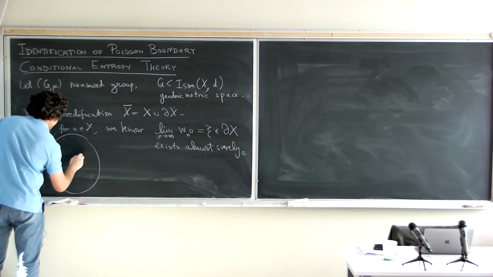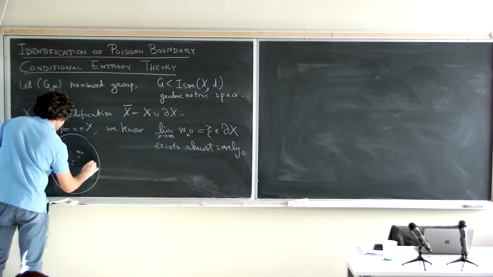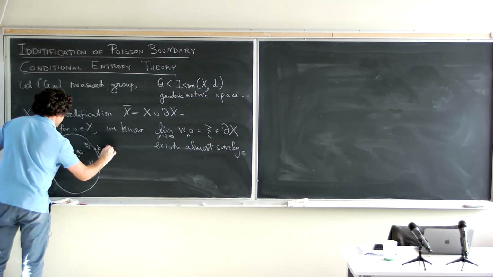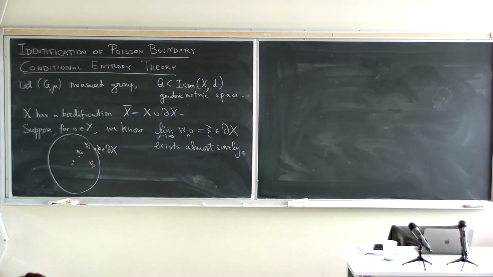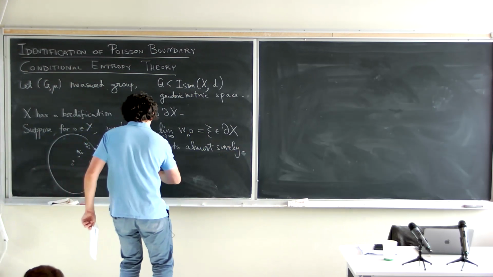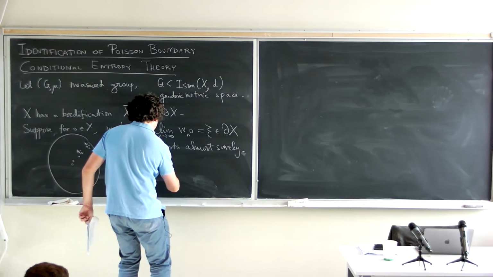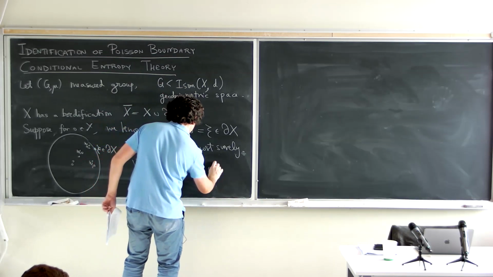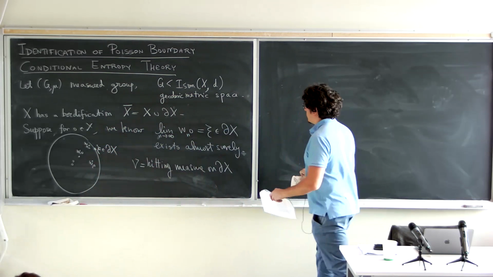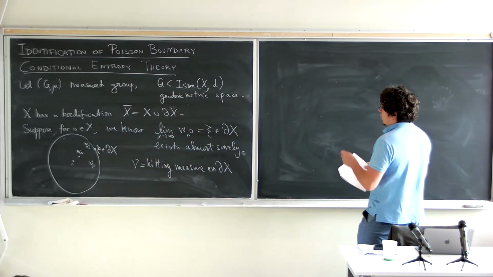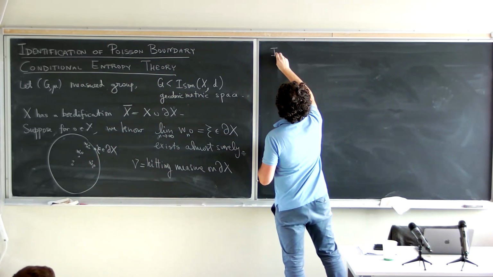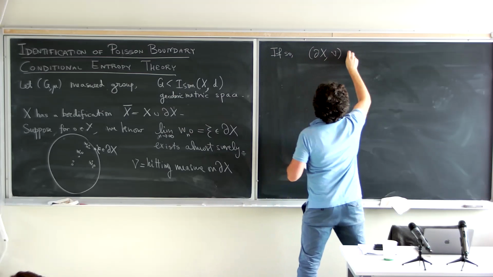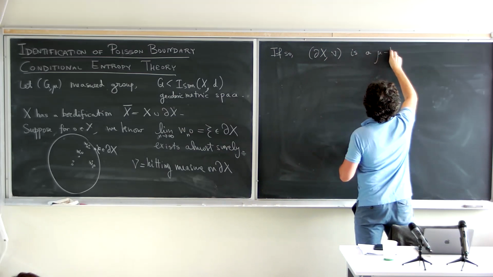Again, this is the picture, and then nu is the hitting measure. In that case, we know that the boundary of X with nu is a mu boundary.